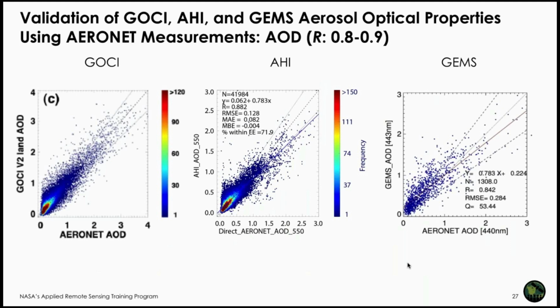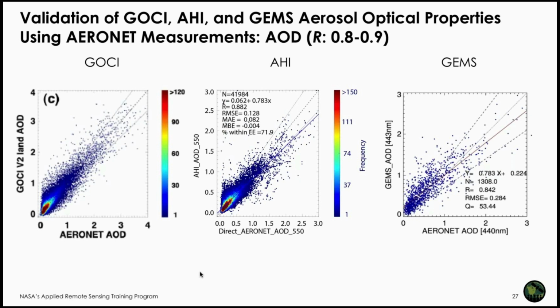This is some result of the validation of GOCI, AHI, and GEMS aerosol optical depth using AERONET measurement. AERONET is the ground-based remote sensing network operated by NASA, and it has very high accuracy, about 0.01 for AOD.